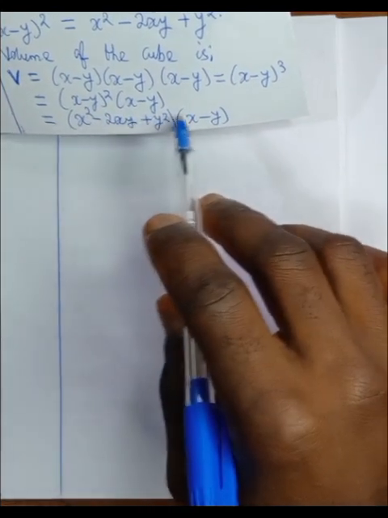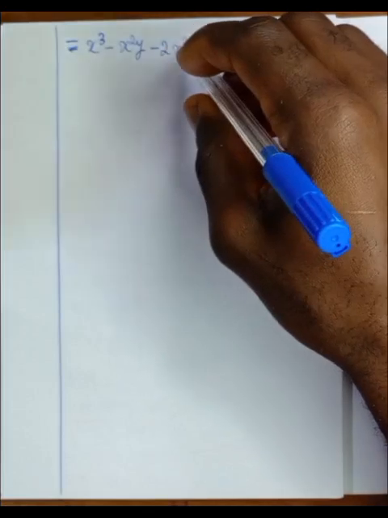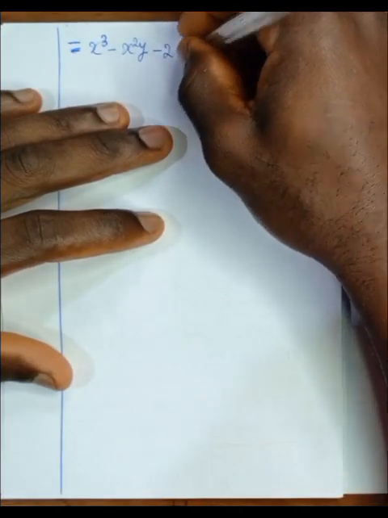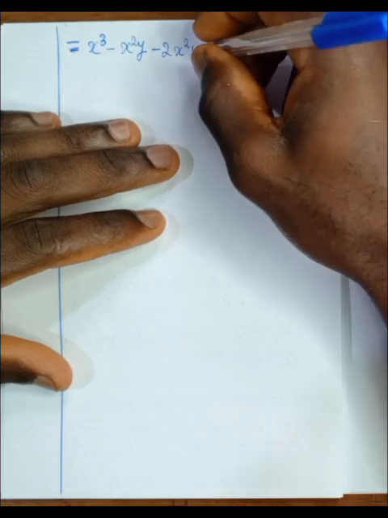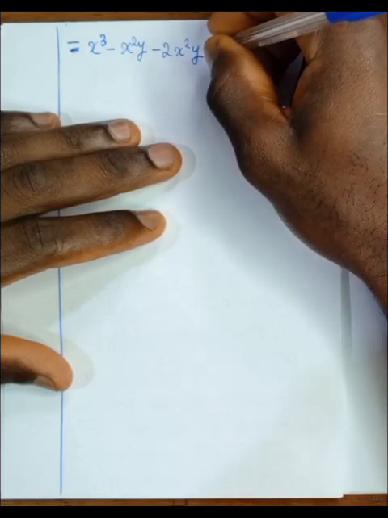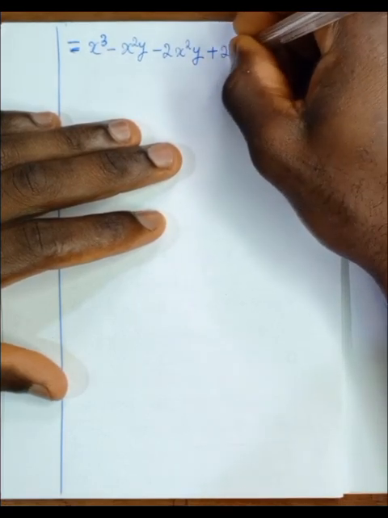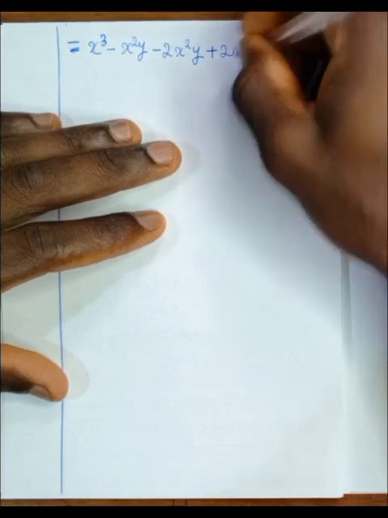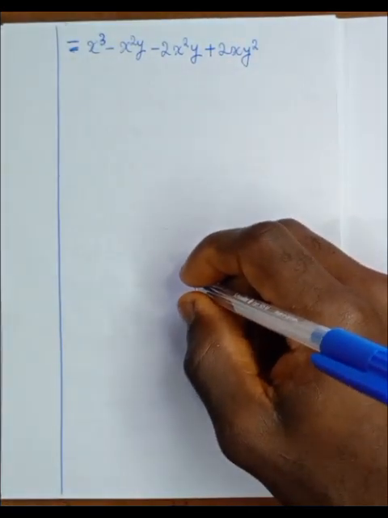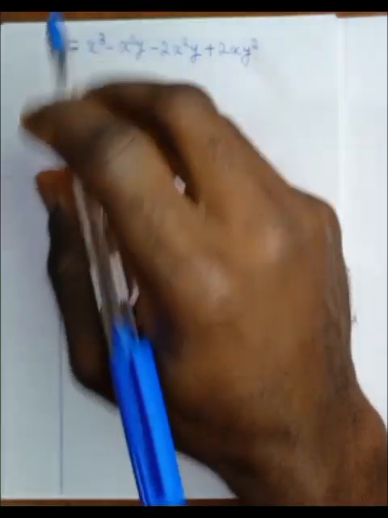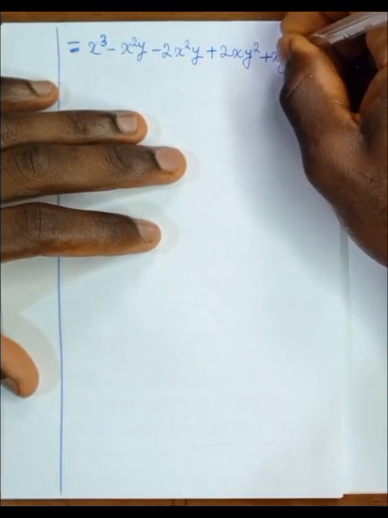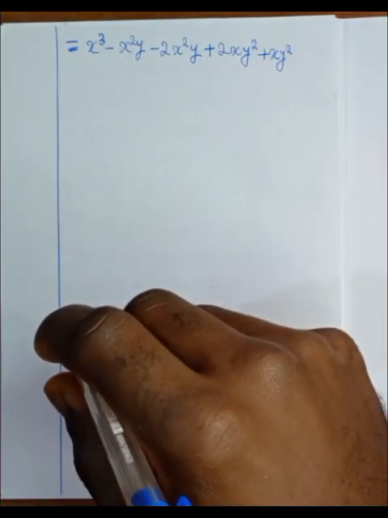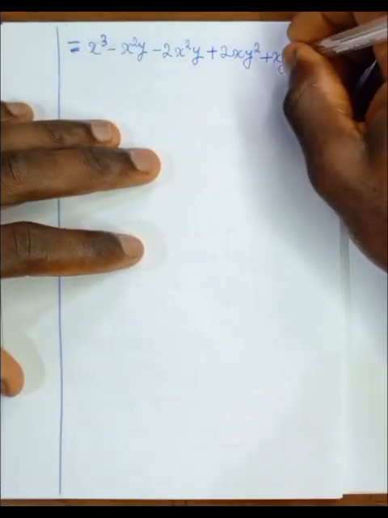Negative 2xy times x gives us negative 2x squared y. Negative 2xy times negative y gives us positive 2xy squared. We move now to y squared. Y squared times x gives us plus xy squared. Y squared times negative y gives us negative y cubed.